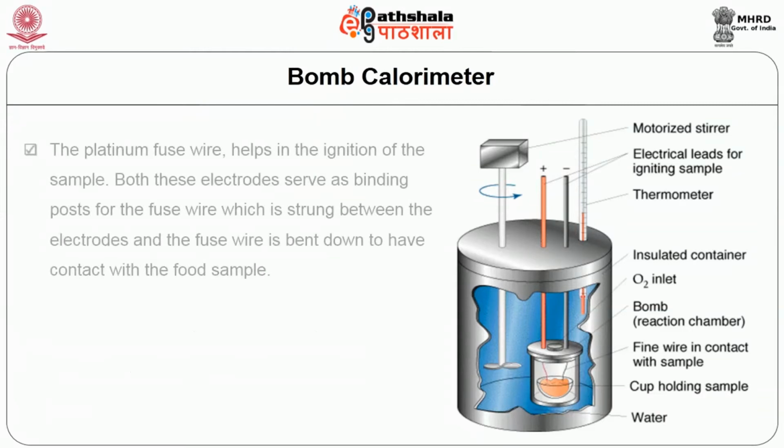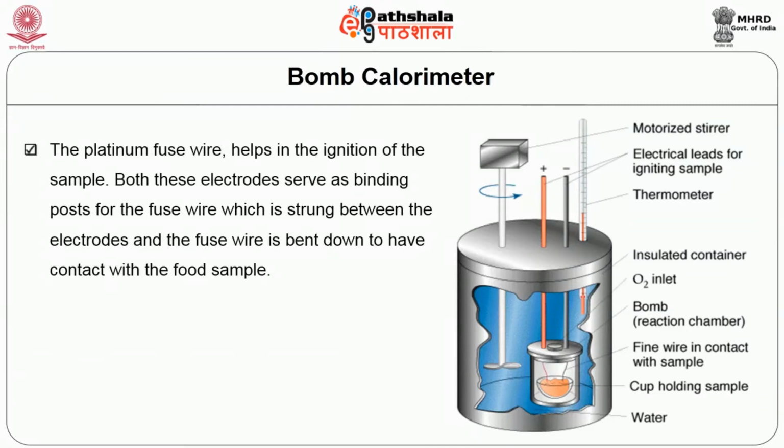The platinum fuse wire helps in ignition of the sample. Both these electrodes serve as a binding post for the fuse wire which is strung between the electrodes, and the fuse wire is bent down to have contact with the sample. The stirrer is attached to the lid, and the cup holds the food sample to be analyzed.